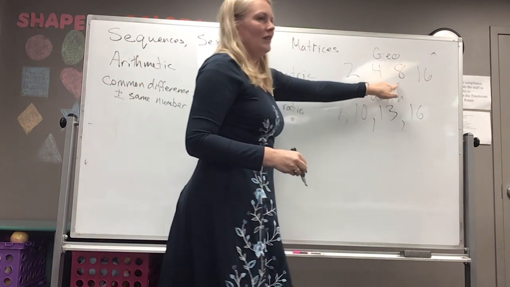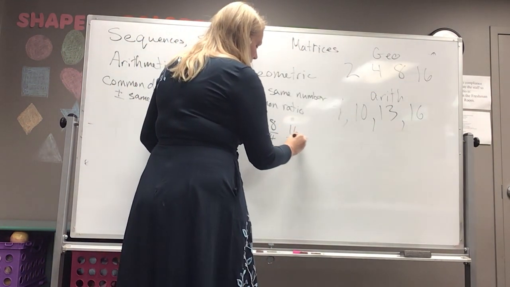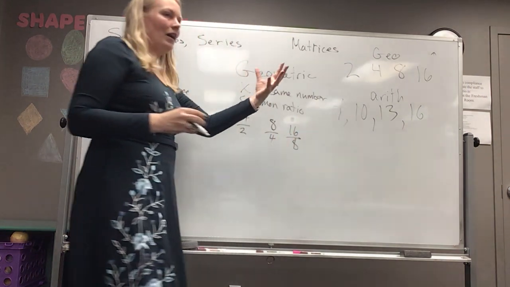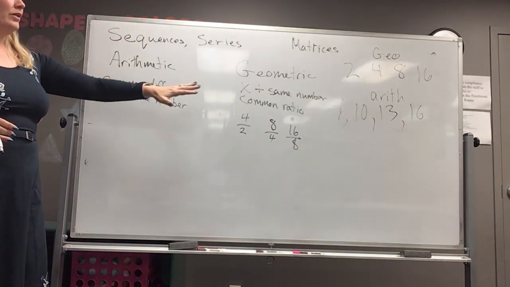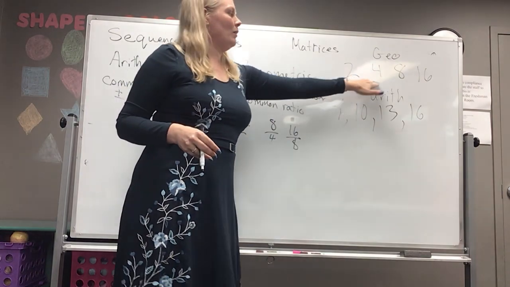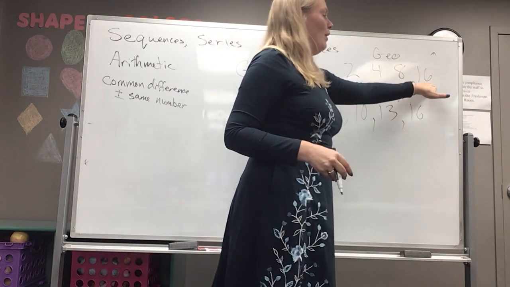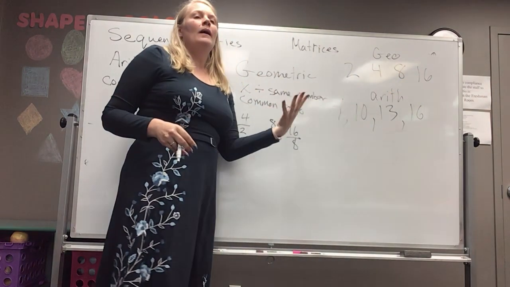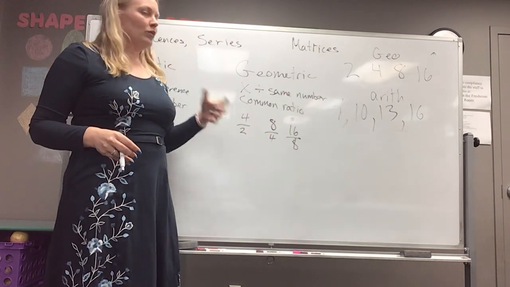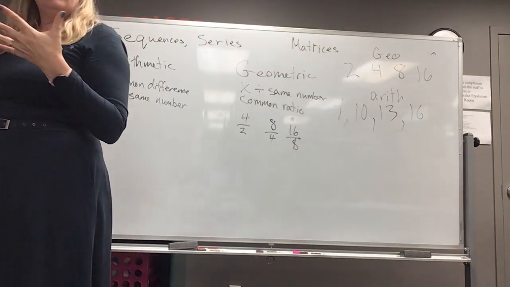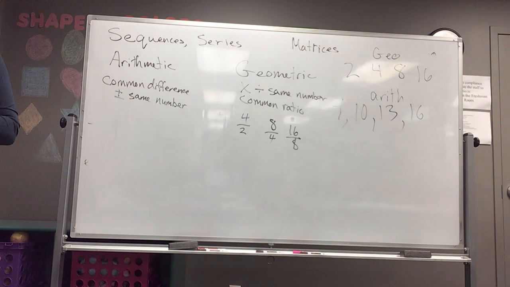It's the same as 16 divided by 8. It's comparing the two numbers, but rather than subtraction, because here we went up by 2, we went up by 4, we went up by 8, here we're talking about the ratio, or dividing the numbers by what came before it.